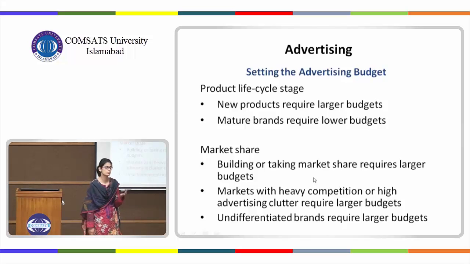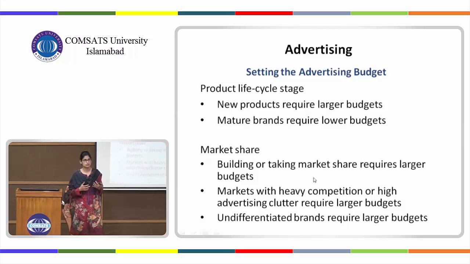Otherwise, you'll lose your market share to your competitor because of the heavy promotions that the advertiser is doing. For instance, you're selling biscuits and your competitor is giving away a free lunchbox with a pack of biscuits. So when the kids go, they would want to have that lunchbox or maybe a toy that is being given out, right? So you would lose your share to the competitor.